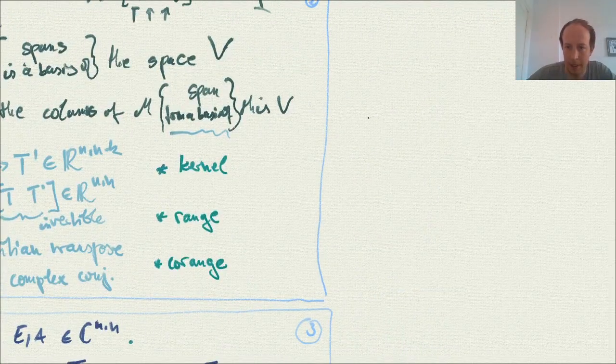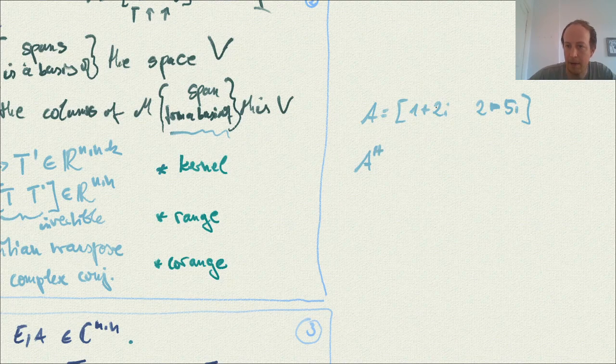Let's have this little example. Say A was this matrix, 1 plus 2i, 2 minus 5i. Then we would have that A^H is first of all the transpose, so this will be a matrix that looks like this.